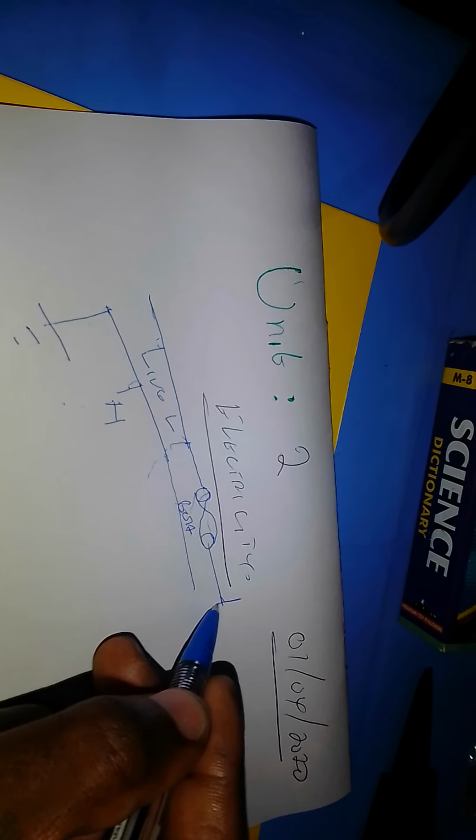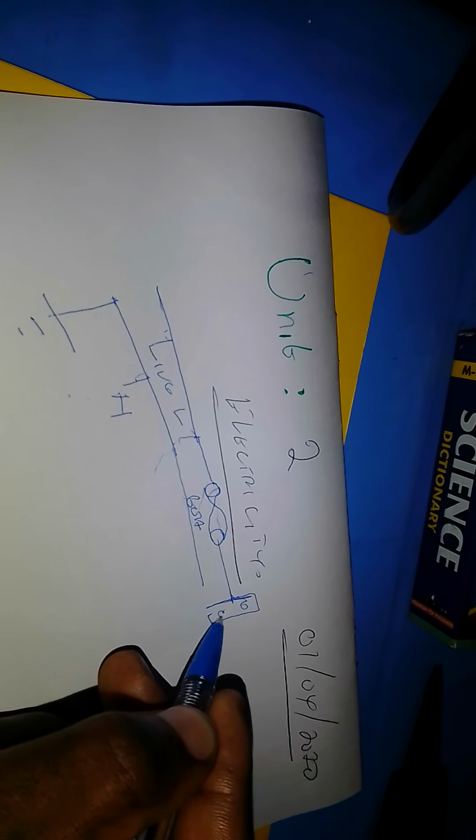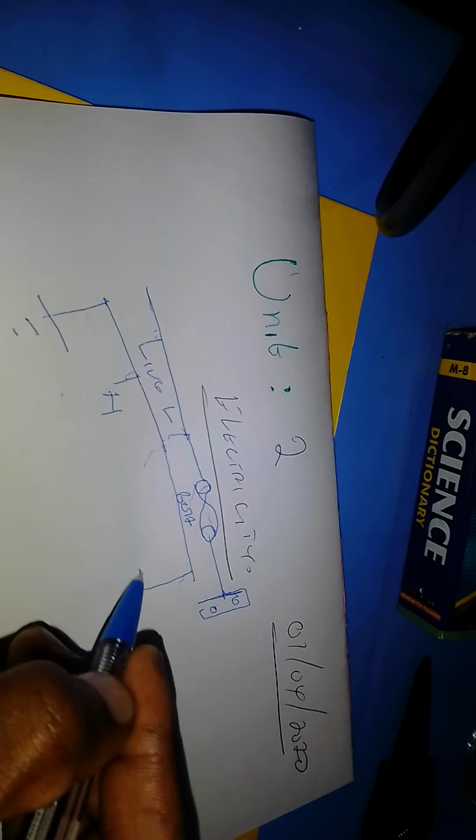And then from there, just some demarcations like that. Then this one also has some demarcations. And remember, the earth wire is always installed at the house.